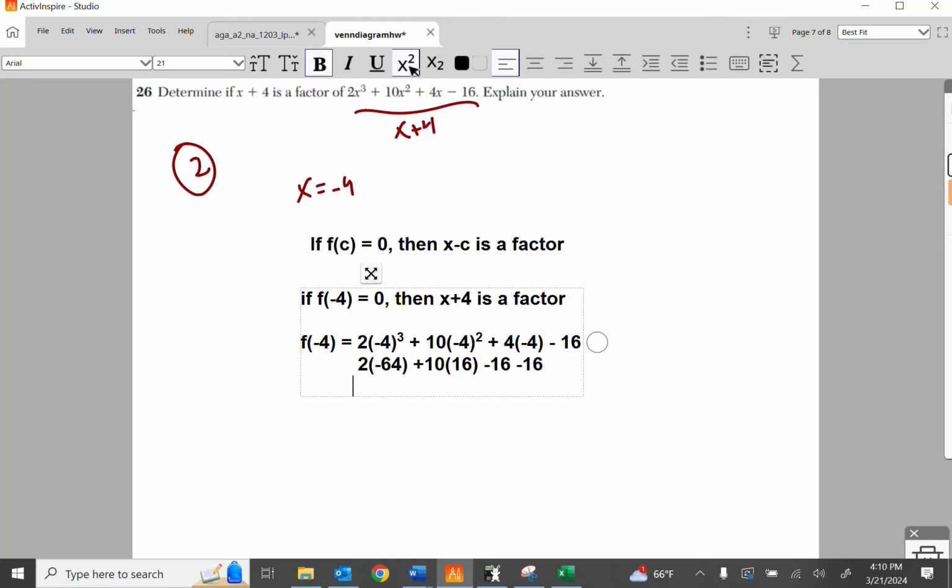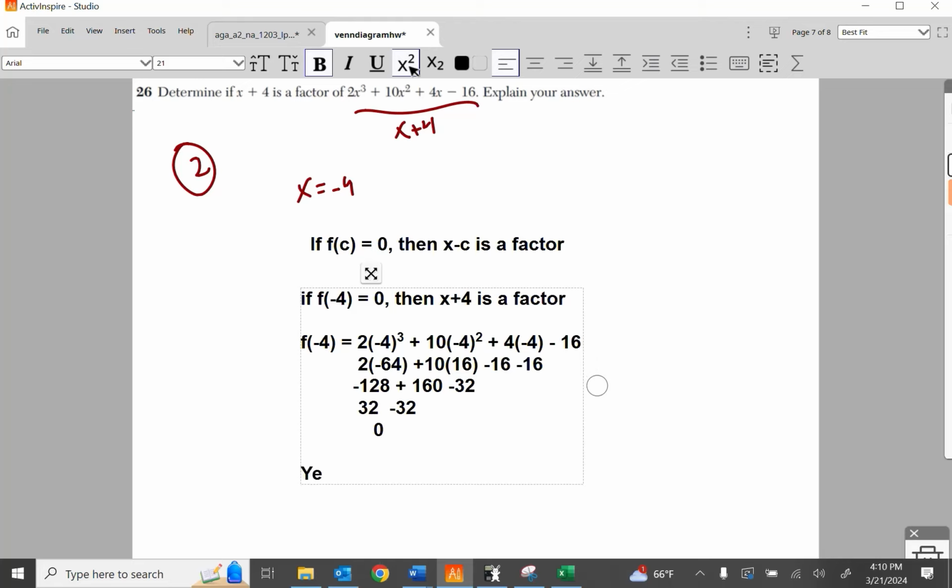2 times a negative 64 is going to be negative 128. 10 times 16 is 160. Negative 16 minus 16 is negative 32. Negative 128 plus 160 is going to be 32, and then I have 32 minus 32, which is 0.